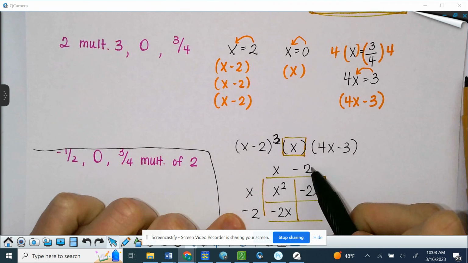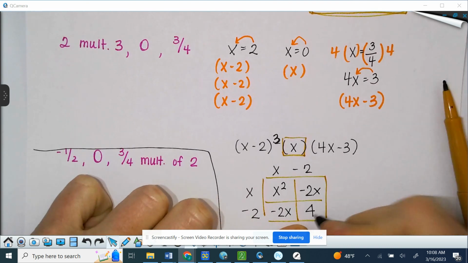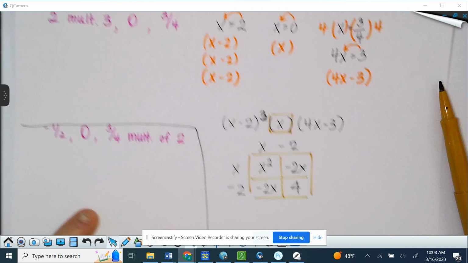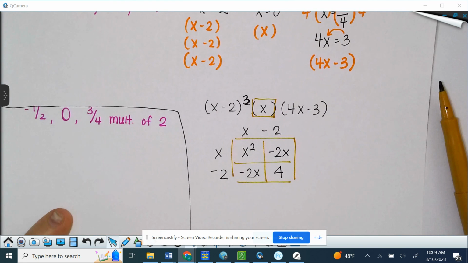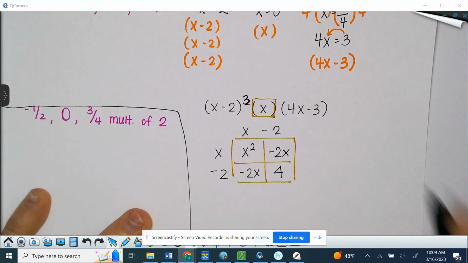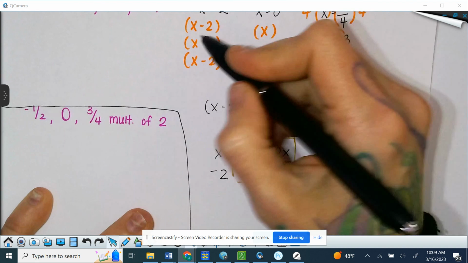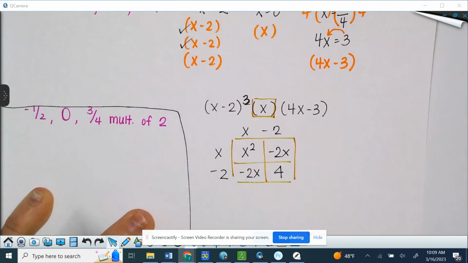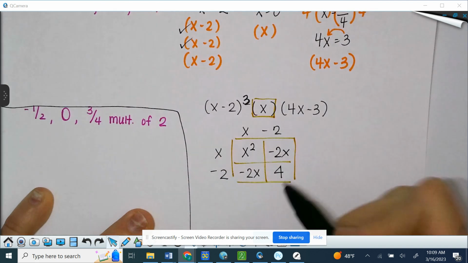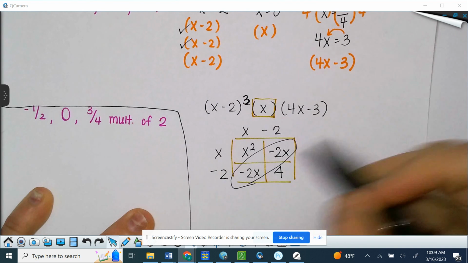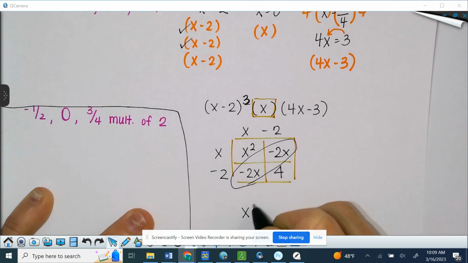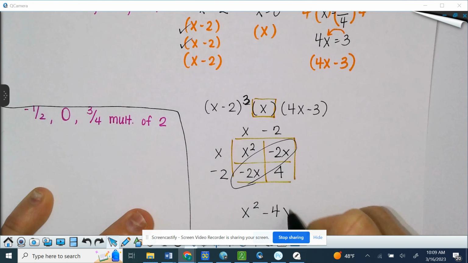Negative 2 times negative 2 gives me a positive 4. The box method is nice after this point because you're now no longer doing binomial times binomial. Now I would check off 1, 2, because those are the 2 I just took care of. I want to clean up. These are like terms. So I'm going to have x squared minus 4x plus 4.